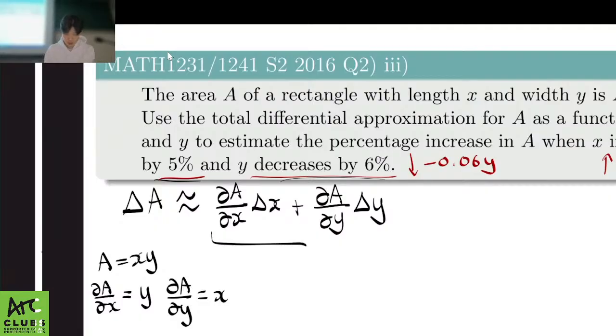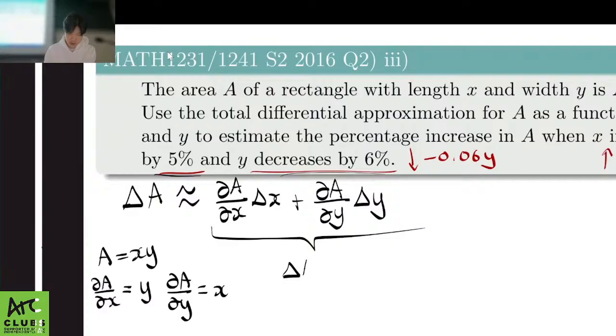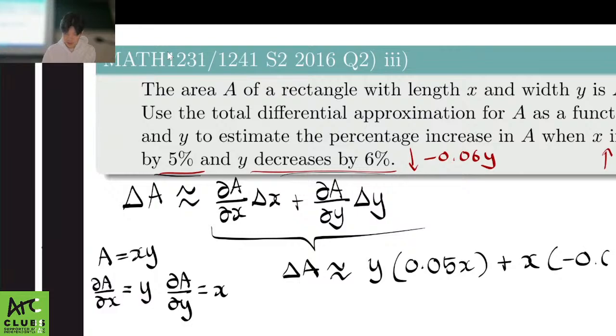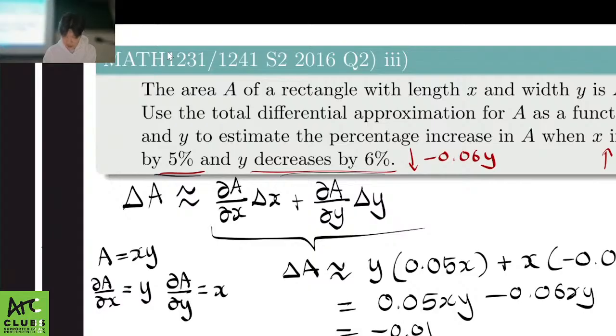So putting that all in, the change in A is approximately y(0.05x) + x(-0.06y). So that's 0.05xy - 0.06xy, which is -0.01xy.